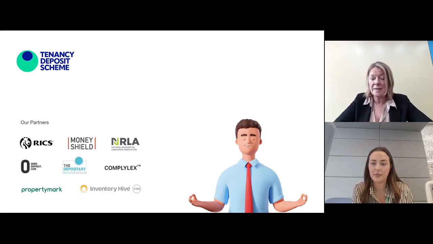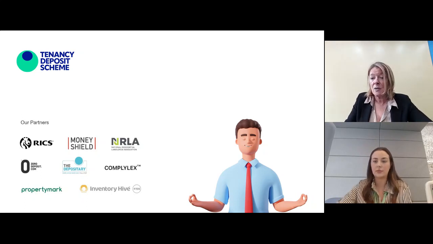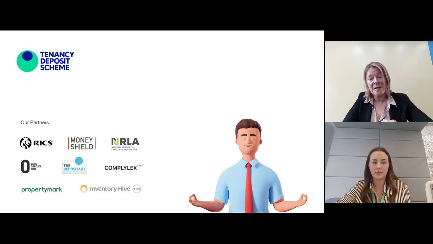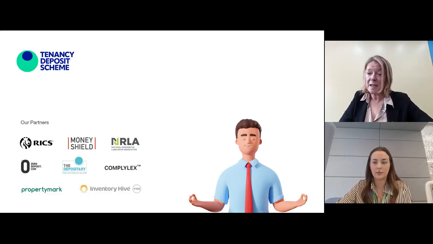We don't know whether there's going to be any tweaks on that front. But I have done a useful piece with the NRLA. So if any of you are members of the NRLA, then do have a look at their website for tips on student accommodation, and we will be keeping people updated on the outcome of the Renters' Rights Bill as and when it passes royal assent.